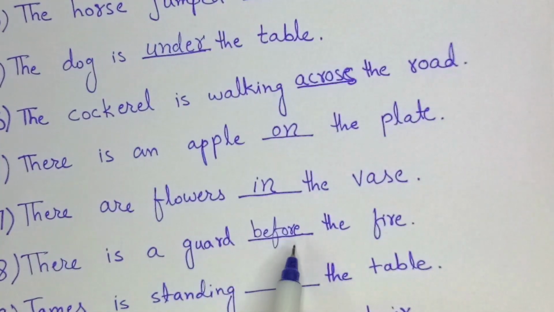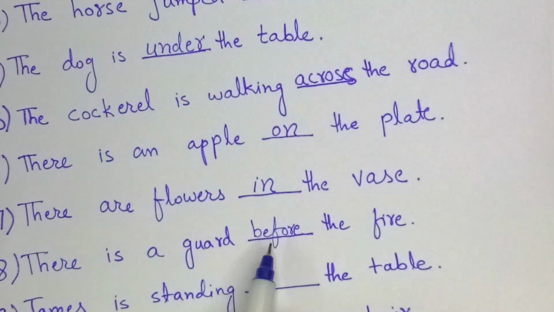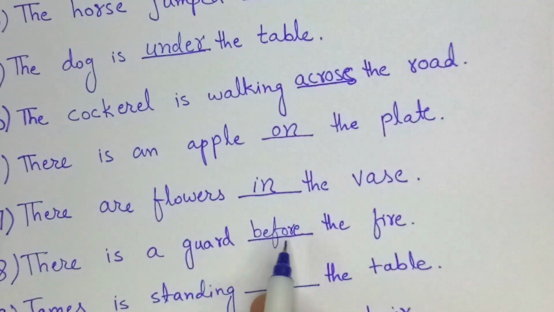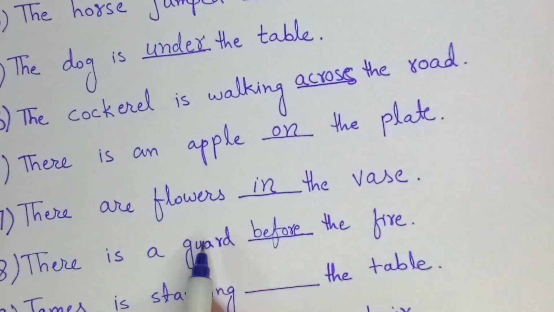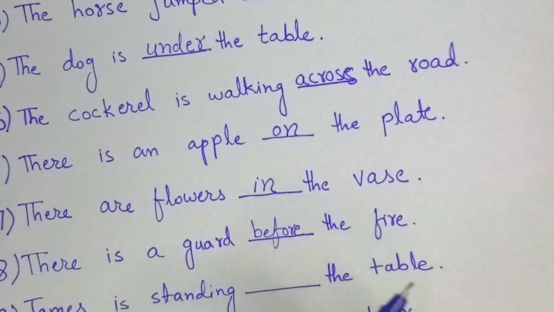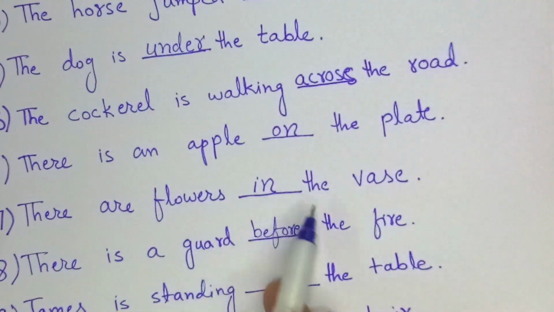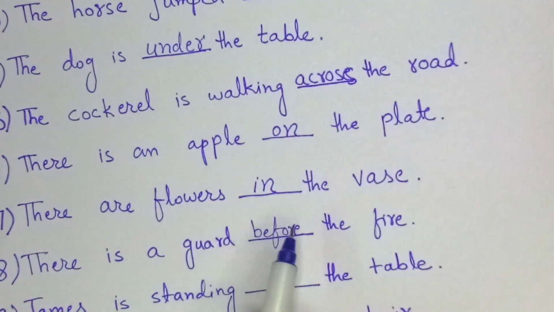Before is a preposition, or it can also be an adverb or conjunction. So we used before to refer to places. It means earlier than a time or event mentioned. Like you can also use, call me before 5 p.m., please. It is used when something is prevented or when warning about something, yes, you can use before there. In front of something or someone, we use before.